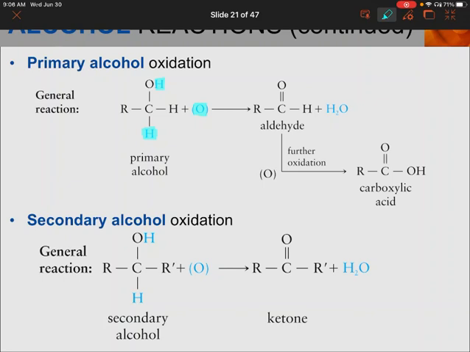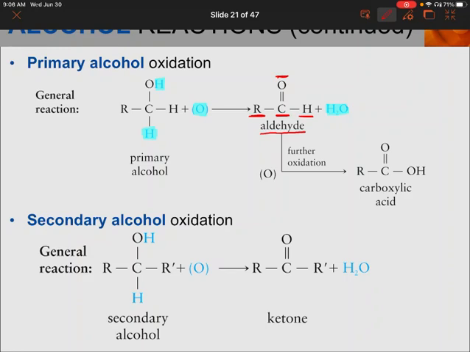What will be left over after we form our water molecule is an aldehyde, because we have an alkyl group bonded to a carbon, which has a double bond to oxygen, and then there's a hydrogen on the other side of the carbon. That gives us our aldehyde functional group.